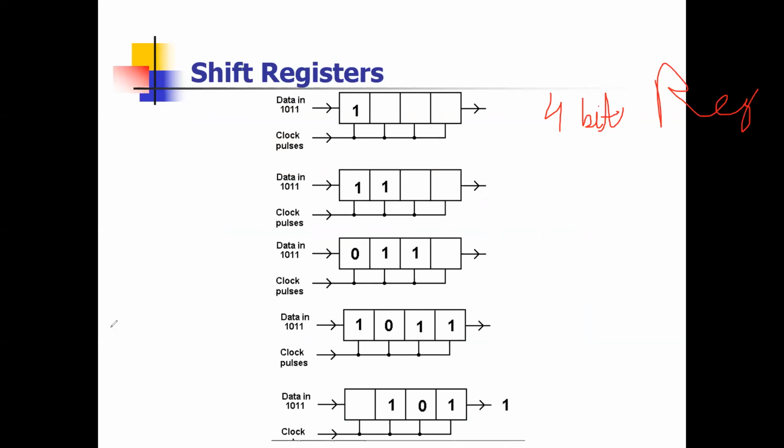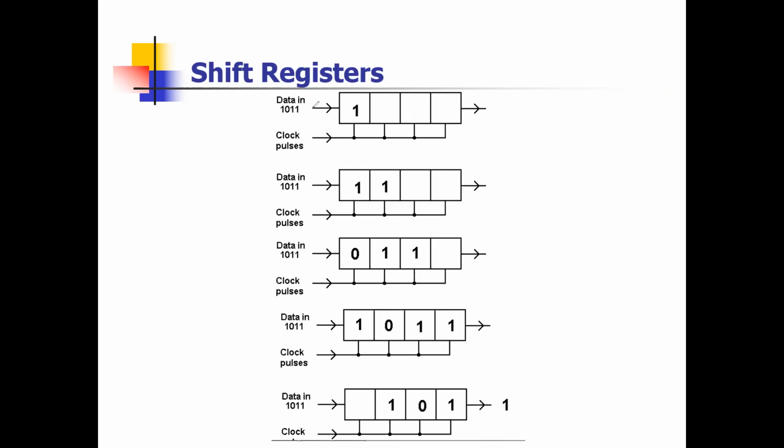Okay. Now, this is the data which we want to save in this. So first, can you see there is anything here in this block? No. In these three? No. So I can say the flip-flops are empty. Nothing is here. So 1011.